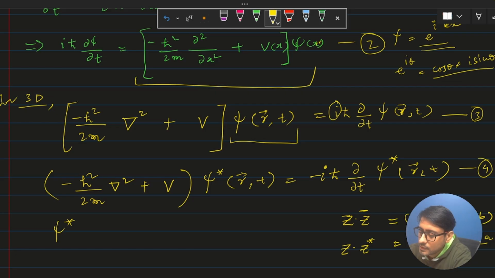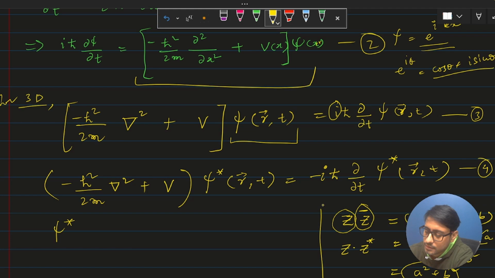So these terms cancel out and you finally get a square plus b square. So multiplying a complex number with its conjugate gives you a real number because the iota is missing. Now you get a real number, a square plus b square.